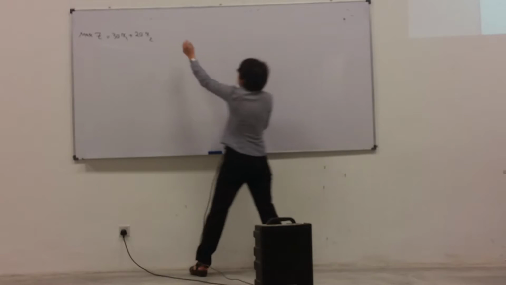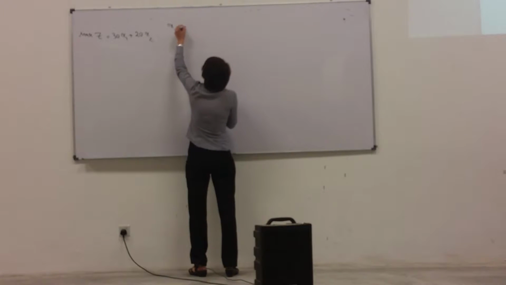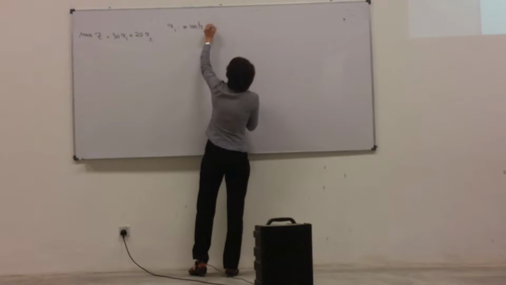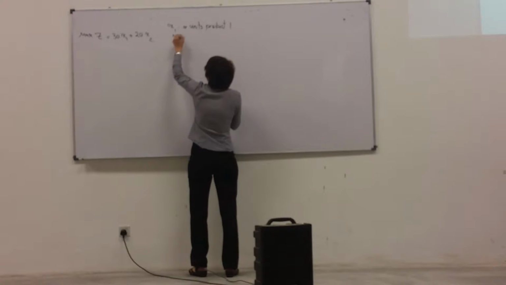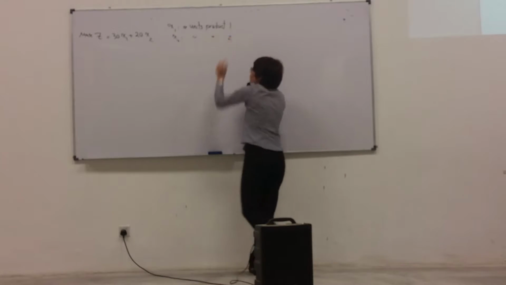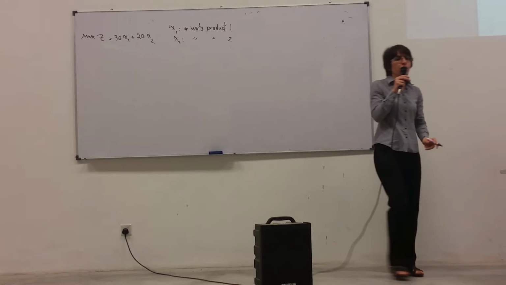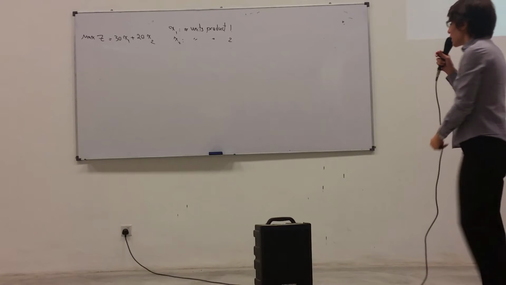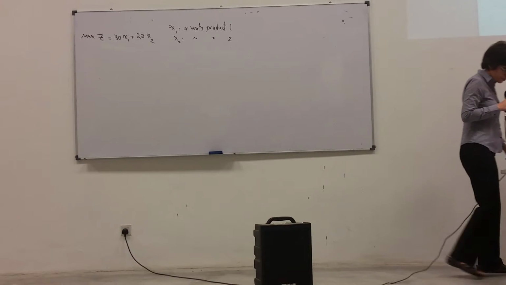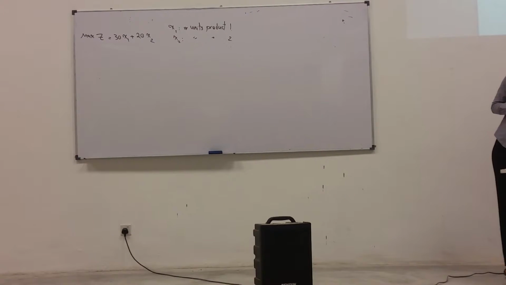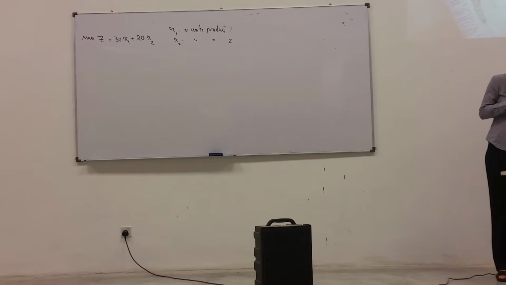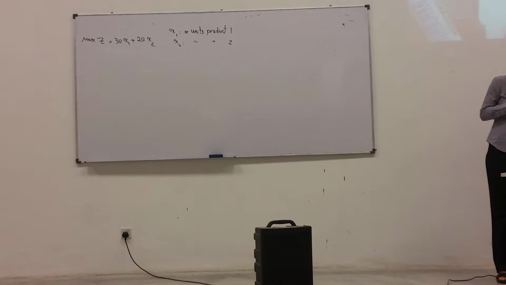X1 is the number of units of product 1, X2 is the number of units of product 2. So the objective function is to maximize the profit or revenue, that is 30x1 plus 20x2. And the total daily processing time available for each machine is 8 hours.